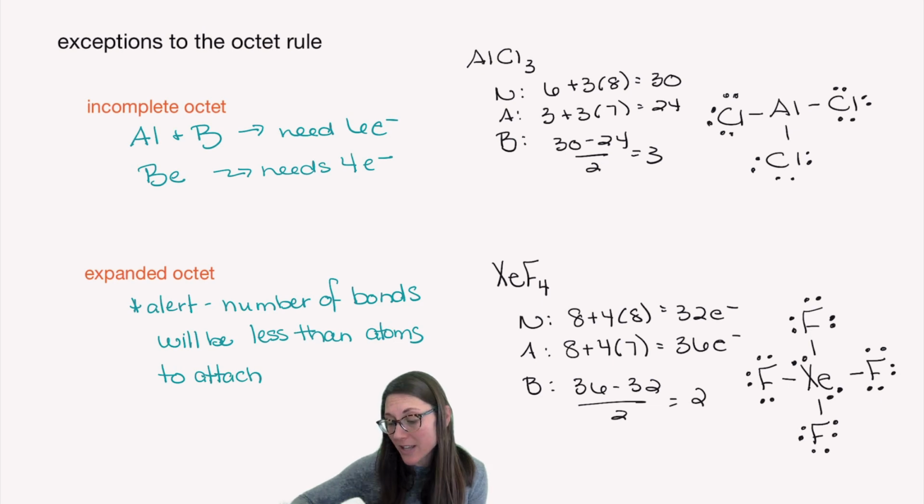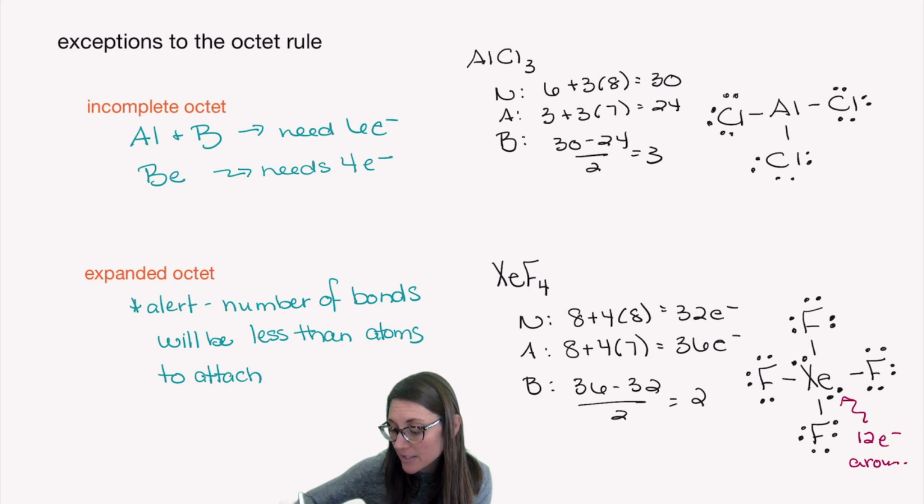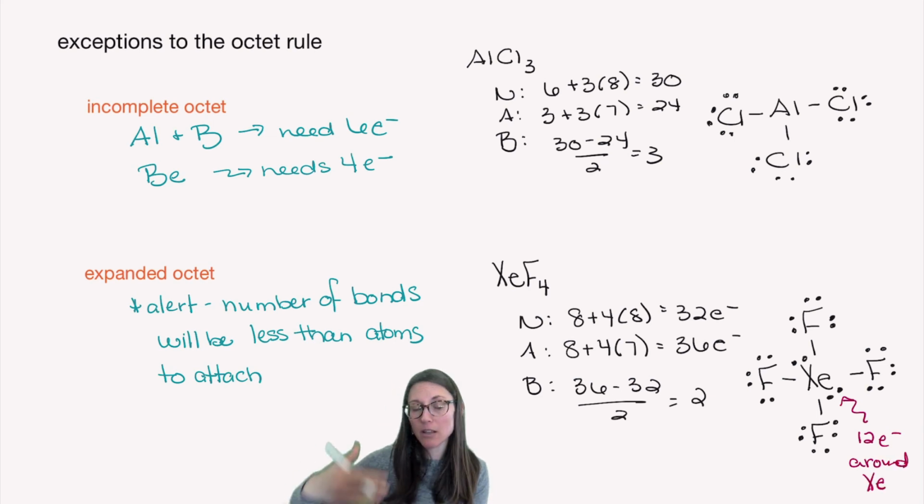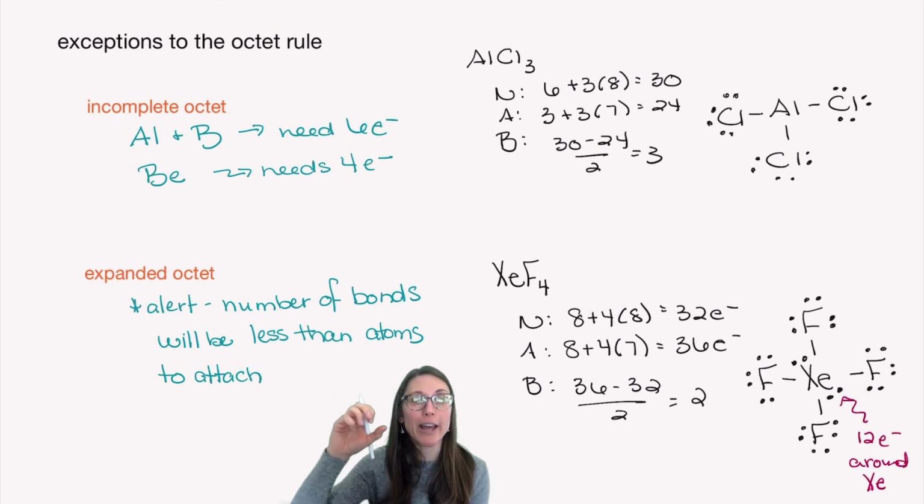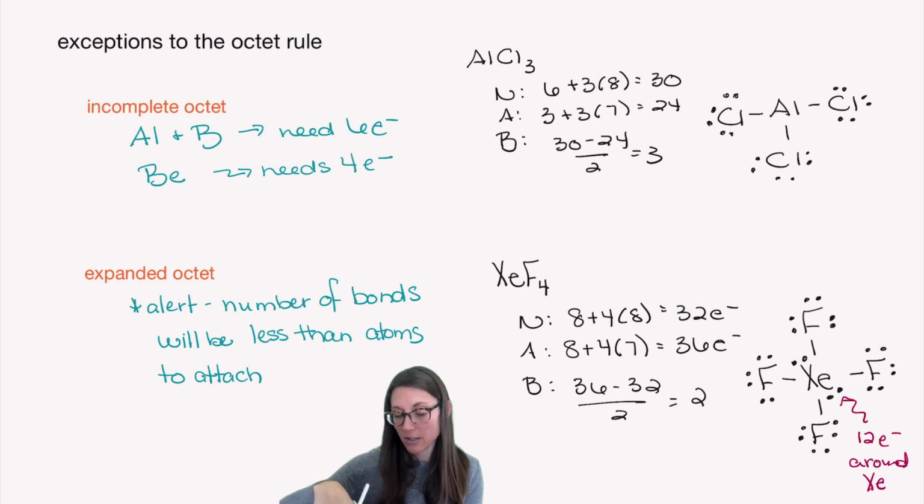So you will notice that if you count how many electrons xenon has around it, it has 2, 4, 6, 8, 10, 12 electrons around the xenon. This is what we call hypervalent, or having an expanded octet. It has more than just the standard 8 valence electrons around that central atom. It does happen. Don't freak out. Just know that when you get to that bond tab for your NABbing and you think, ooh, something's weird, you're likely to have an expanded octet.